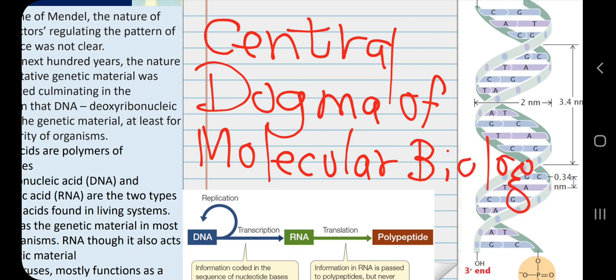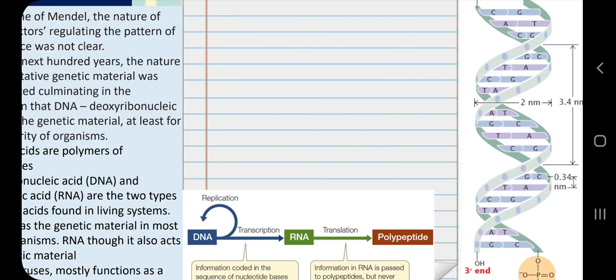This is very important. If anybody asks you how DNA is able to express itself, how genes are able to express themselves, how DNA is able to control all the activities and perform all the functions of cells, in very simple terms, it is from DNA to RNA to protein, and this is called the central dogma of molecular biology. We will go in depth in my next slides.